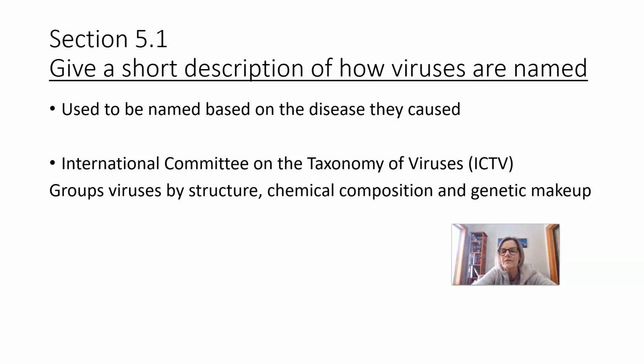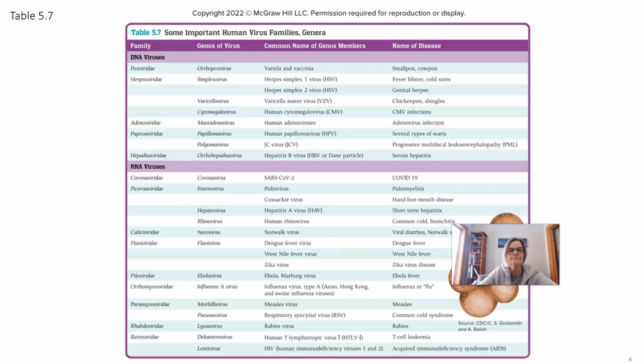Somebody would come up with the name of a variant, and then quickly, or maybe not so quickly, there would be kind of a decision on how to name these variants, or the names might actually change because the ICTV came up with a naming system that worked a little bit better, or was a little bit more consistent. So it is something that is important for us understanding about how viruses are named.